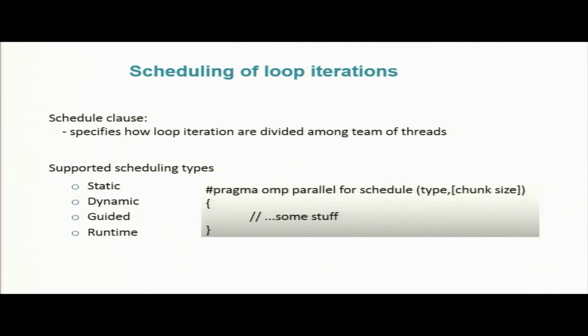Let's say I have n threads, so I would know that I have so many iterations, and these iterations would be divided by n, with the ceiling value of it, and the first chunk would be given to thread rank 0, the next chunk to thread rank 1, and so on. That is static scheduling, which is deterministic in nature.